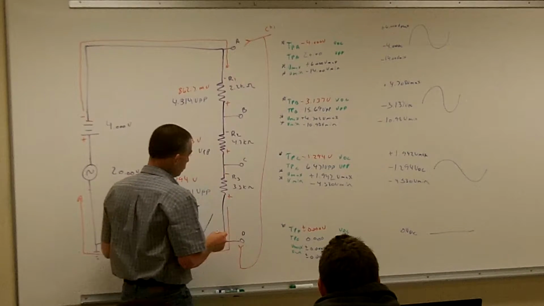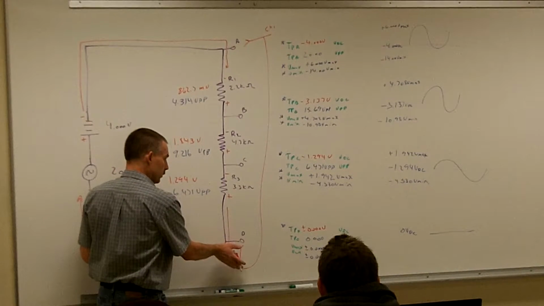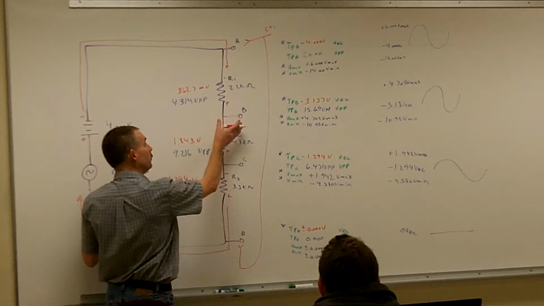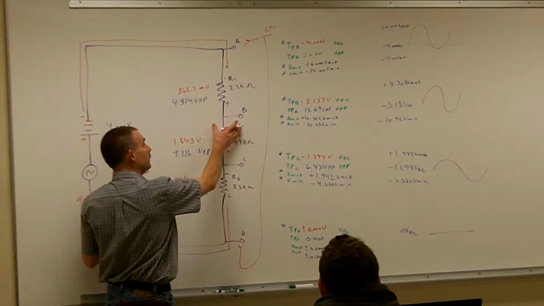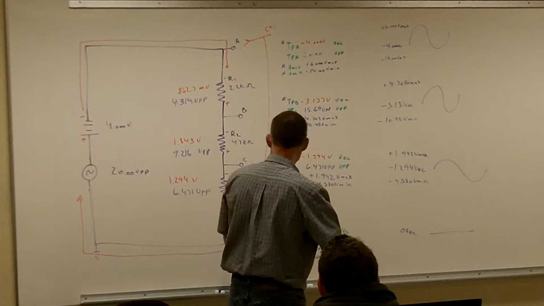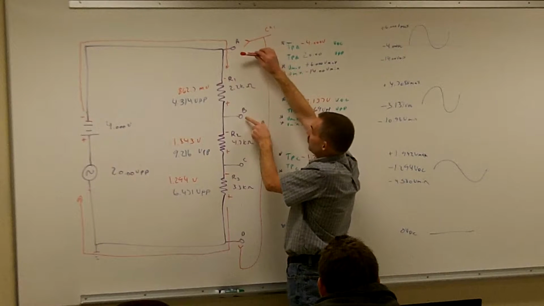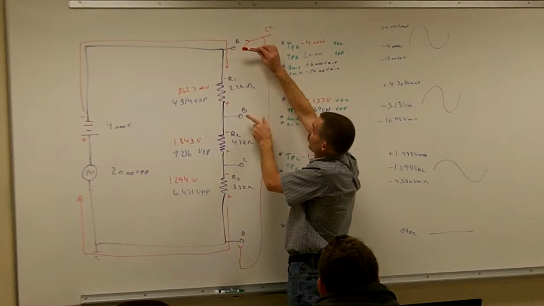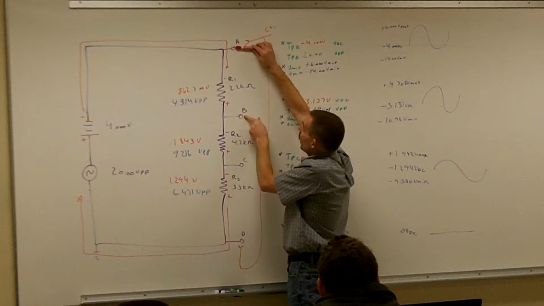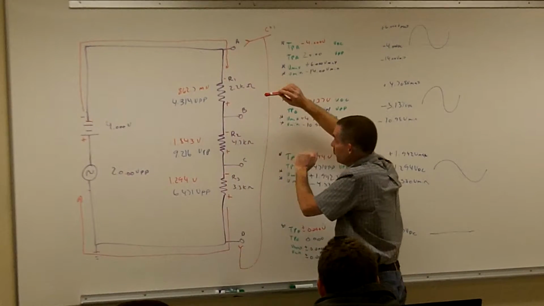If I want to measure the voltage drop across just R1, and I'm using just a digital multimeter and only running at something less than 1,000 hertz, I can put the digital multimeter across test points A and B and measure the voltage drop across R1.